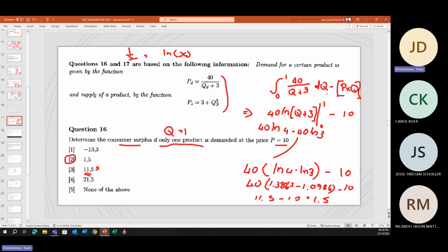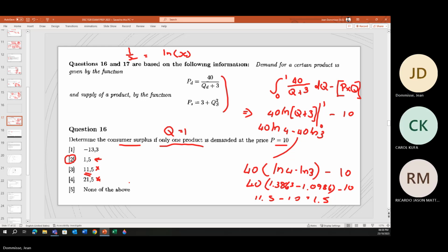If you then say plus 10, there is an answer. Minus 10 is the right answer. So again, be very careful when you do this for the prep and in your exam. Just be very careful with what you are doing.